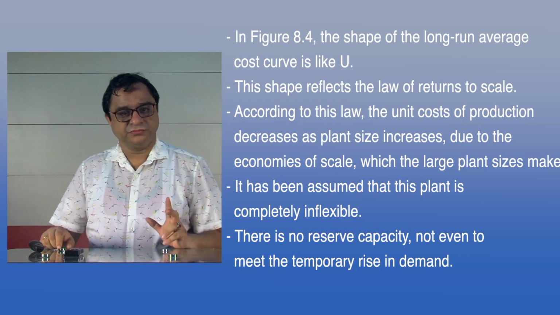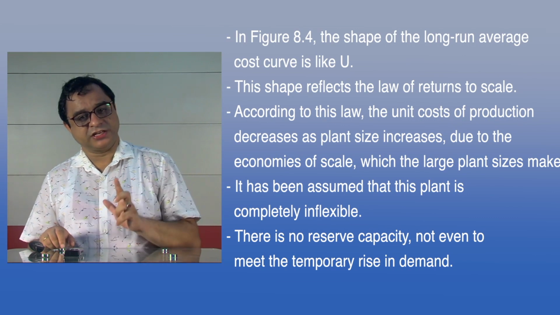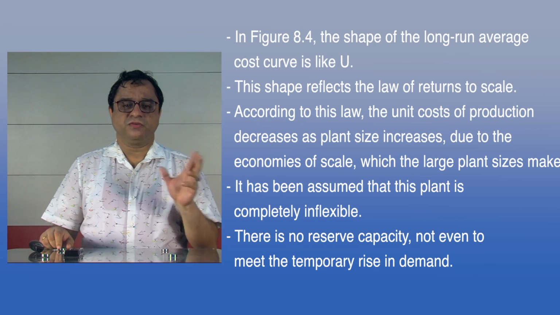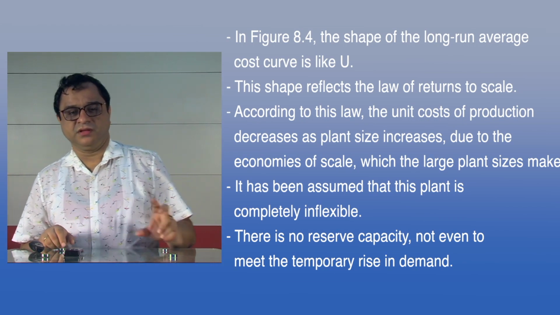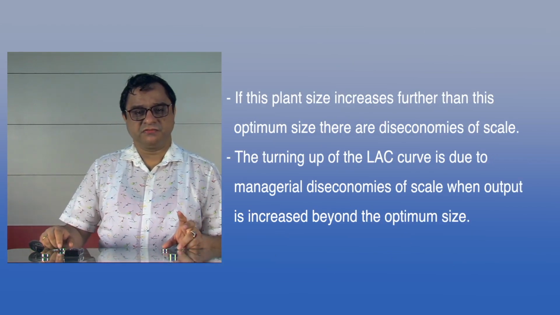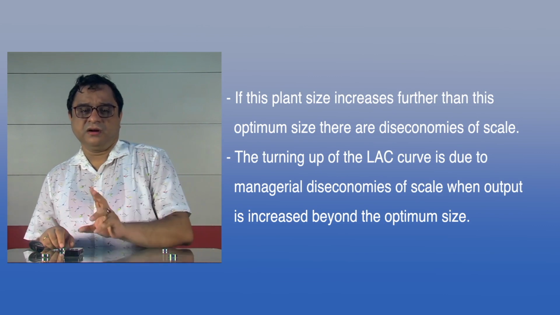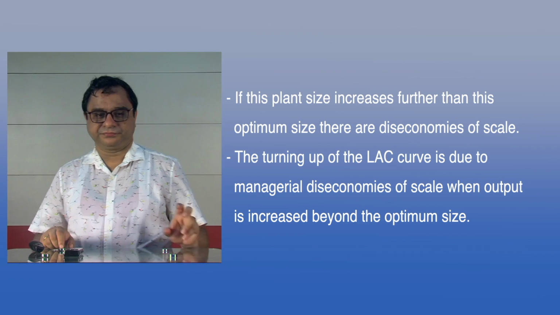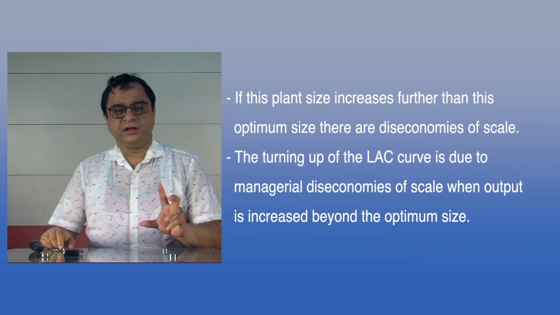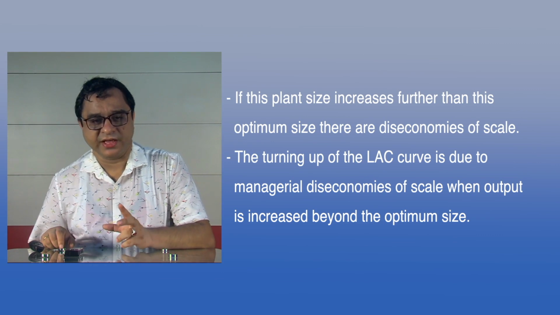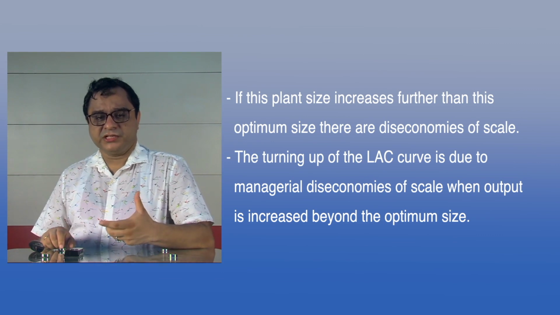It has been assumed that this plant is completely inflexible. There is no reserve capacity, not even to meet the temporary rising demand. If the plant size increases further beyond this optimum size, there are these economies of scale. The turning up of the LAC curve is due to marginal diseconomies of scale when output is increased beyond the optimum size.